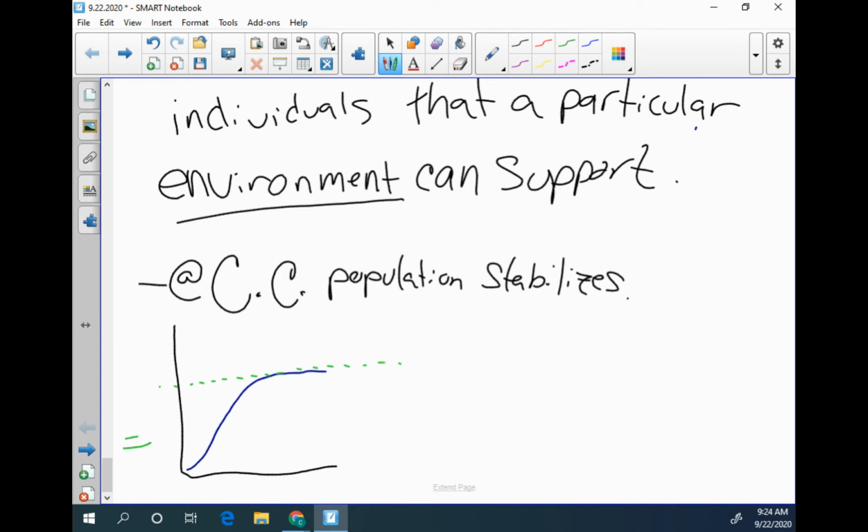If this is the number of individuals, this is time, this right here is our carrying capacity. Now, it's not always a straight line right here. The population isn't always exactly at carrying capacity when it's up there. It can, like I said, kind of dance around that line a little bit.